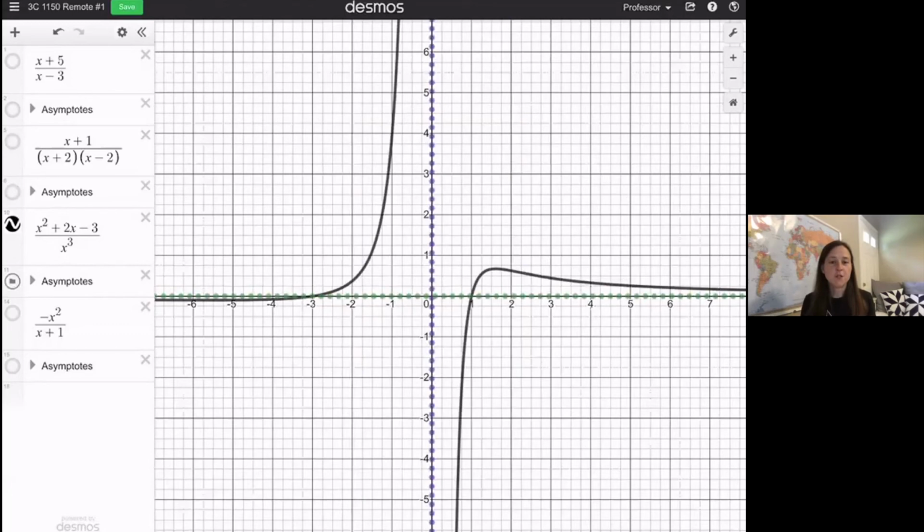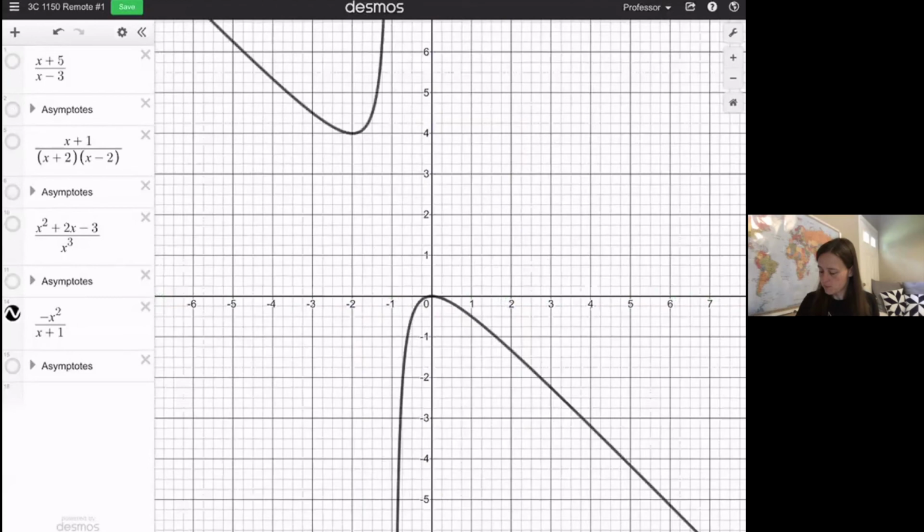For our third function, the vertical asymptote is the y-axis, which is x equals 0, and 0 cubed down in the denominator causes division by 0. And even with our slant asymptote function, if you look at x equals -1, that's the number that causes division by 0 for this one.